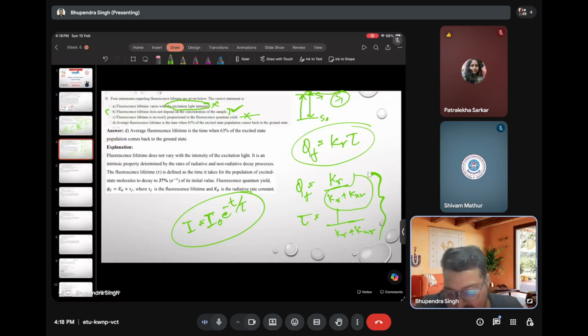And what about option D? Average fluorescence lifetime is the time when 63% of the excited state population comes back to ground state. Yes, that statement is also true, because this is the intensity at time t.